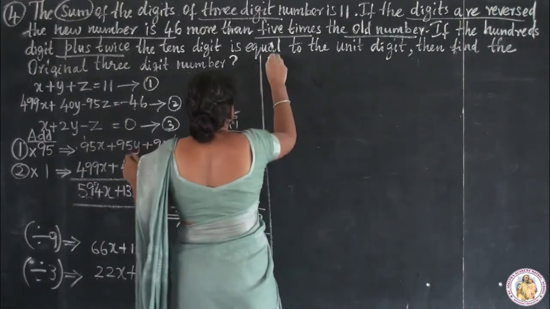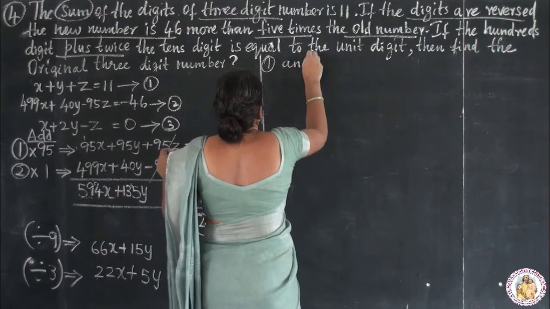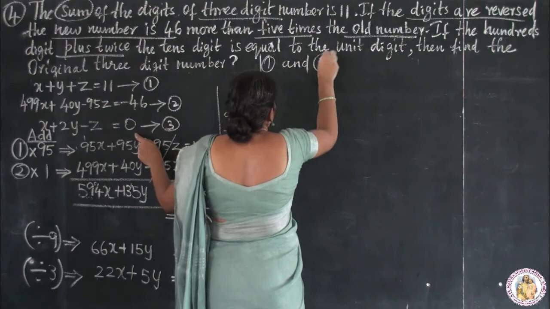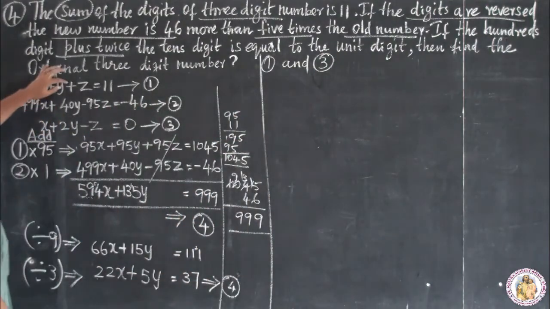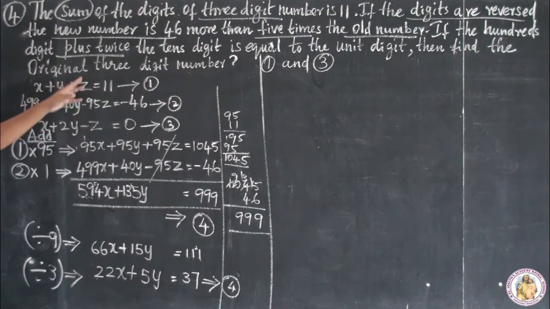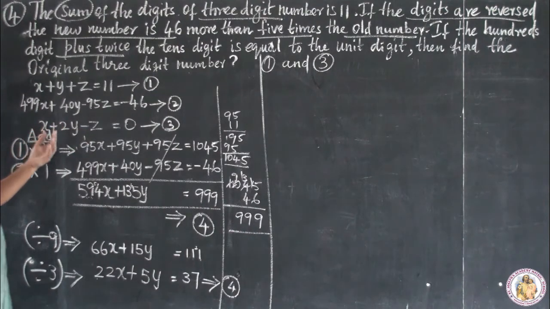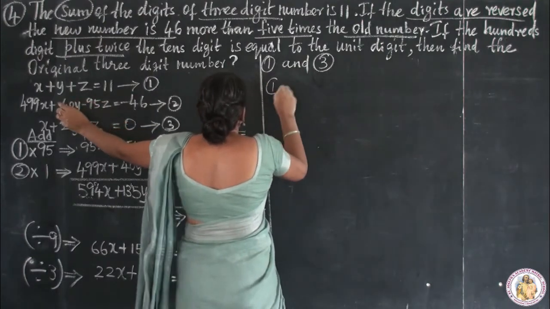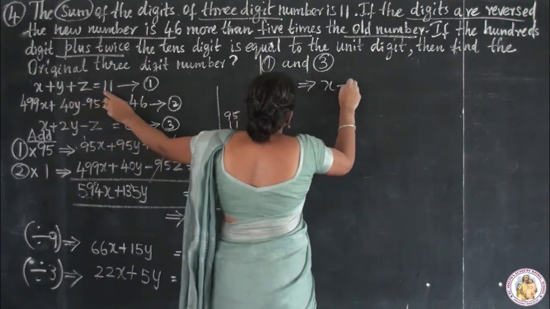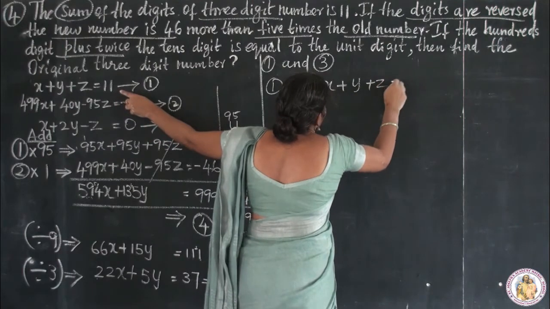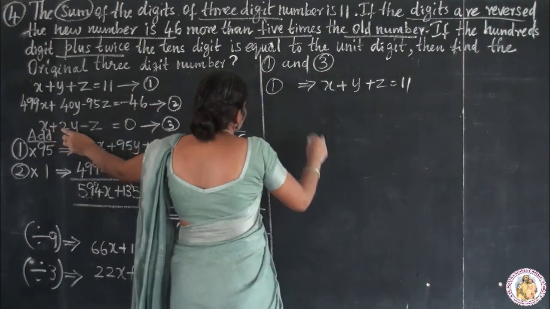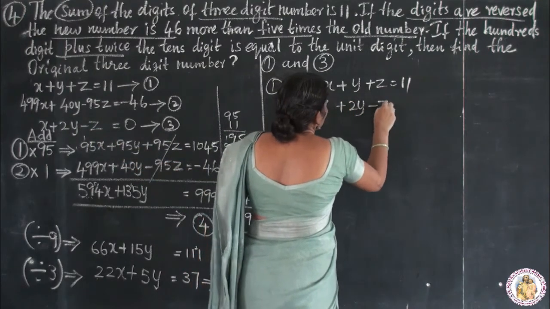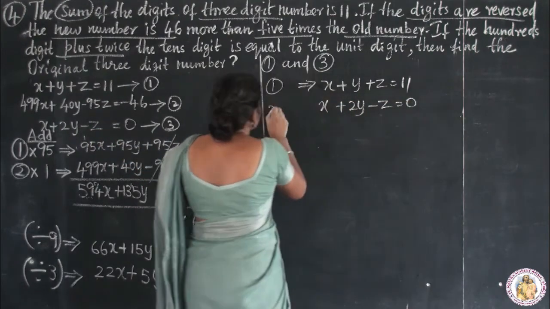Now taking first and third equation. Why I am taking first and third equation is here we have plus z and minus z. Easily we can cancel. We can have x and y variables. So first equation x plus y plus z is equal to 11, and third equation x plus 2y minus z is equal to 0.